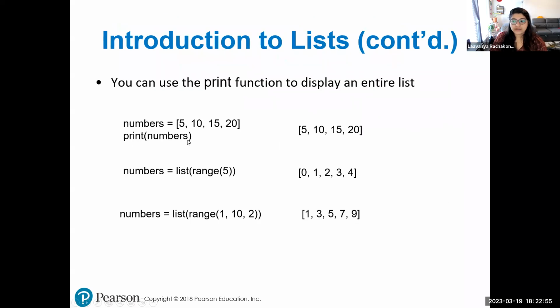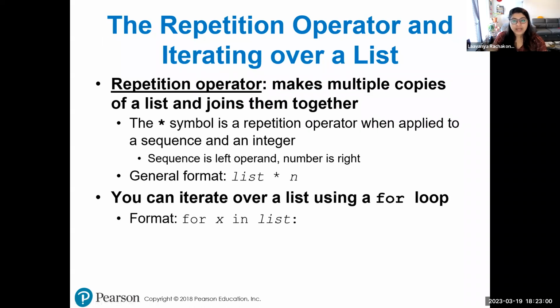So you will be seeing 5, 10, 15, 20 in 4 different lines because you are accessing each element of your list and you are printing that element. That is the basic working of a for loop. But the only new thing is when you are using a sequence, that is a list in this case, you can just directly have the name of the variable that is assigned to your list here.